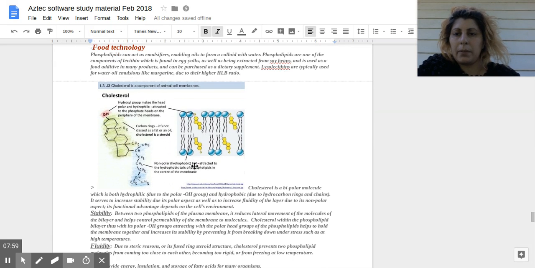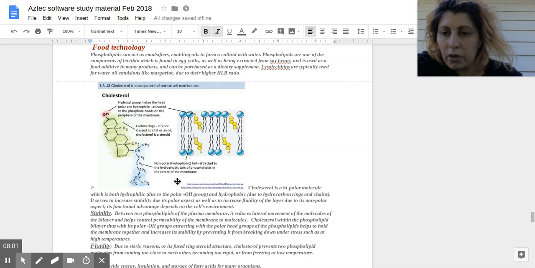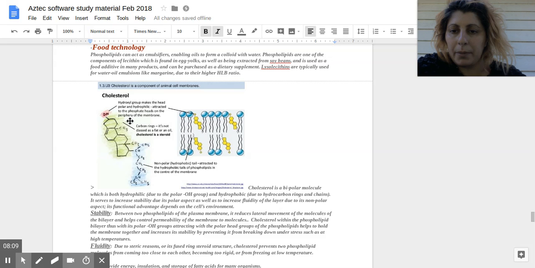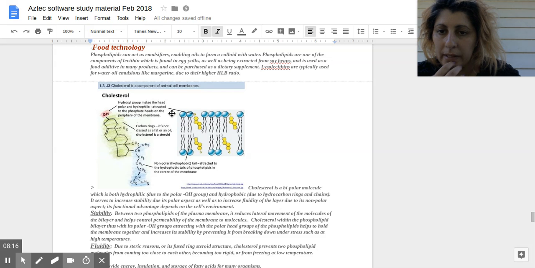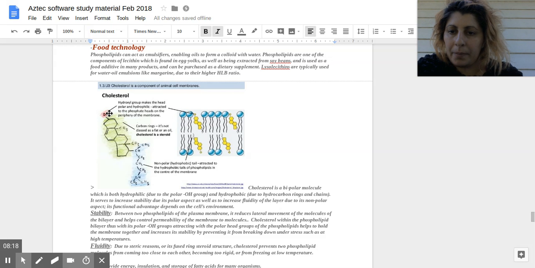Okay, we have a diagram of cholesterol showing the hydroxyl group making the head polar and hydrophilic, attracted to the phosphate heads on the periphery of the membrane, which are the phospholipid molecules. Carbon rings.